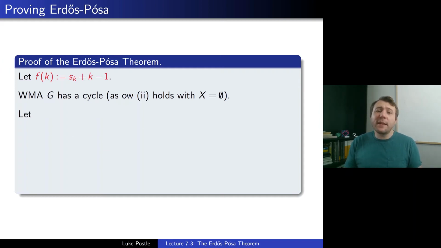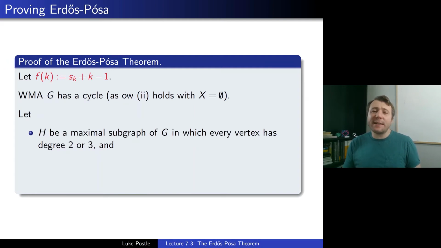What does that mean? Well, we'll let H be a maximal subgraph of G in which every vertex has degree 2 or 3. So what is that? That's really saying it's essentially some kind of subdivision of a cubic multigraph, except it's a slight lie because it could have components that are just cycles, which if you suppressed would go away.